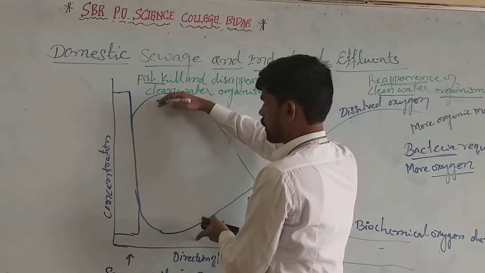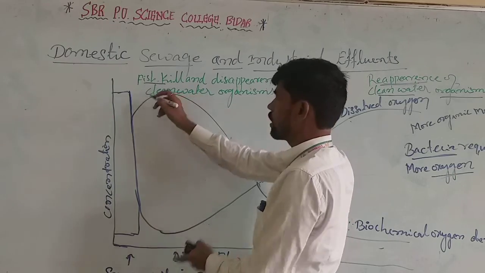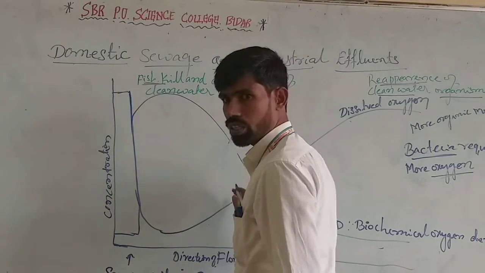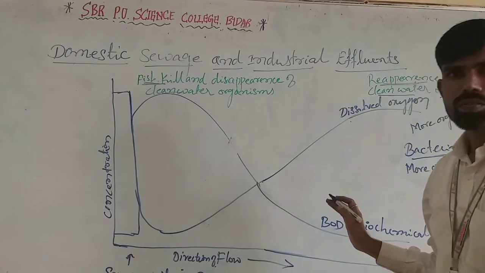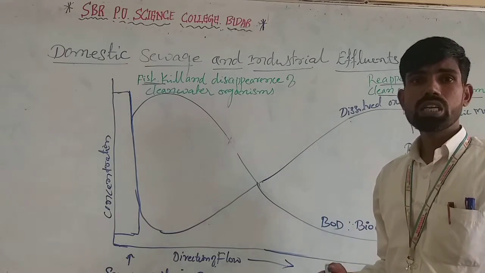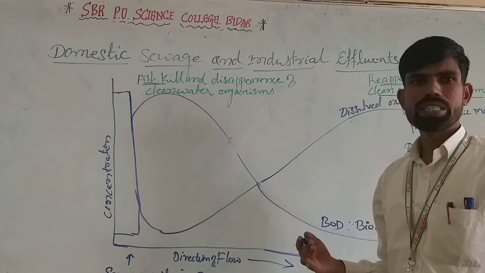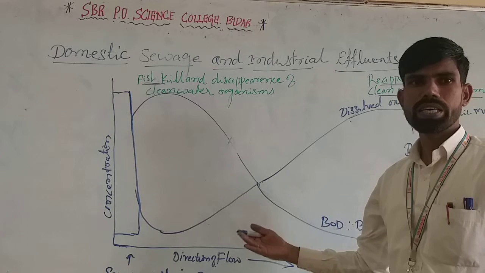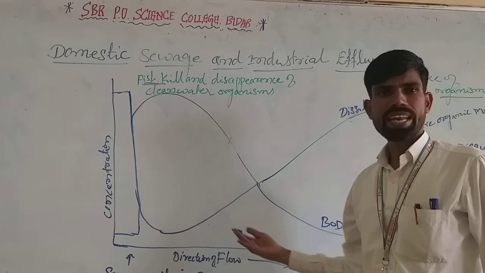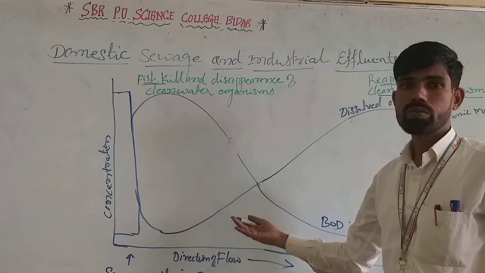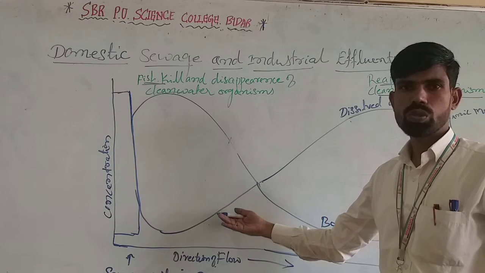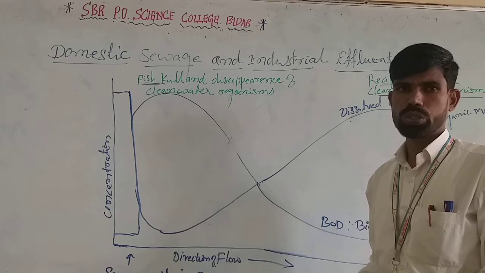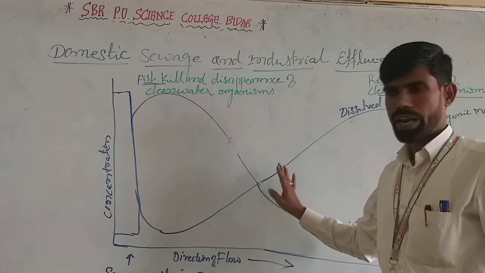Here oxygen is less, so these fishes are killed. Now we understood what happens in a water body due to pollution. It disturbs the natural environment and creates a threat to the other organisms due to the pollution. So we have got an idea regarding that.